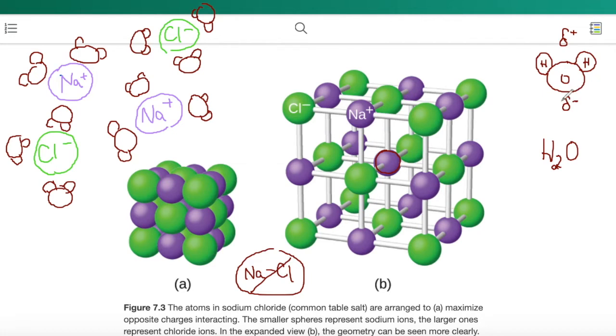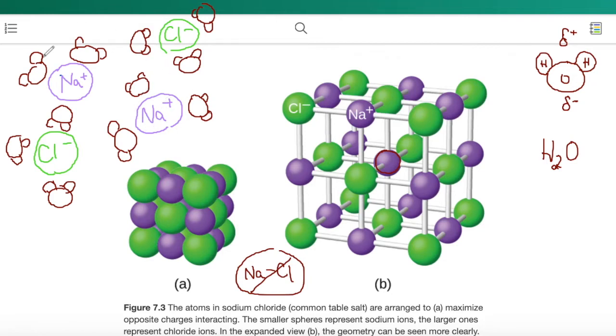This little delta means that there's a slightly negative charge at this end, not a full charge, but this end is more negative, and this end of the molecule is more positive because there's less electron density here. The electrons spend most of their time on this end of the molecule. And so that makes water very good for dissolving most ionic compounds.